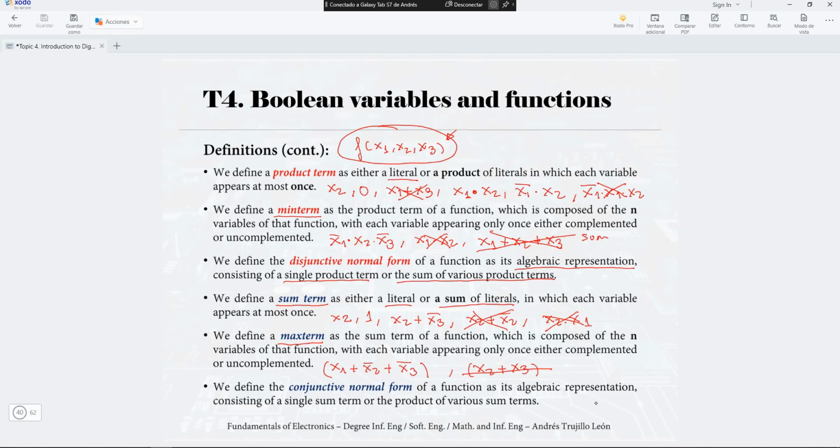And what's a conjunctive normal form? It's a way of representing a function algebraically, consisting of a single sum term or the product of various sum terms. For example, it can be this, because this is a sum term, but it can be this as well.